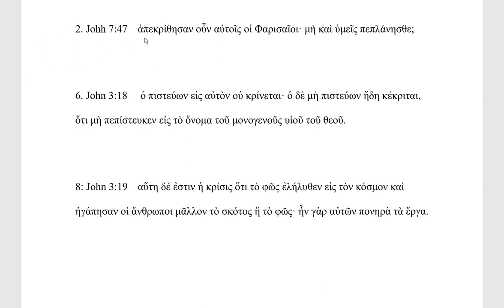So let's read this. We have apekrithesan oun autois hoi Pharisaioi, mē kai humeis peplanēsthe? A little question mark at the end, that semicolon looking thing. All right, so apekrithesan.